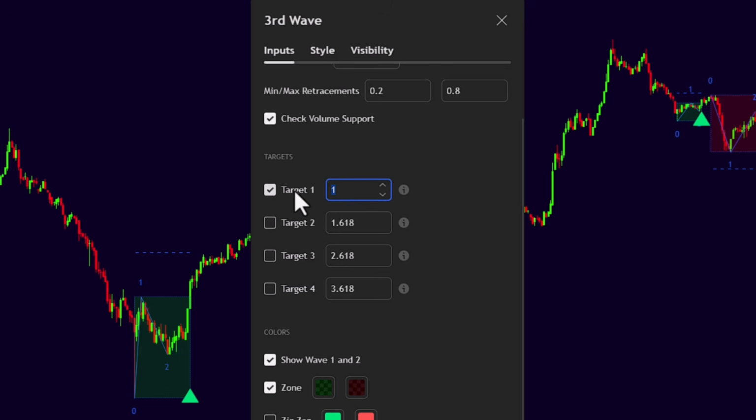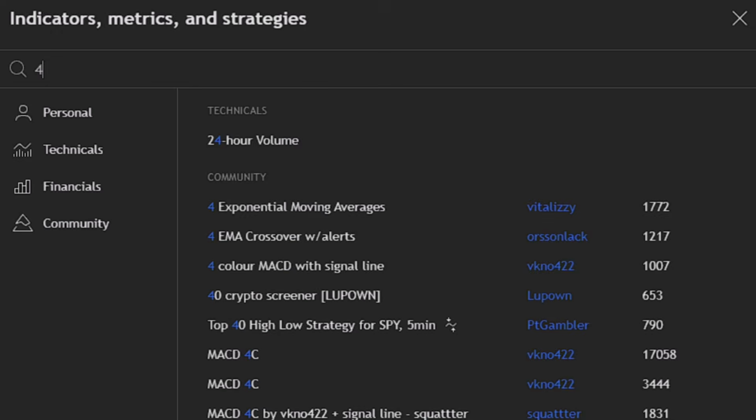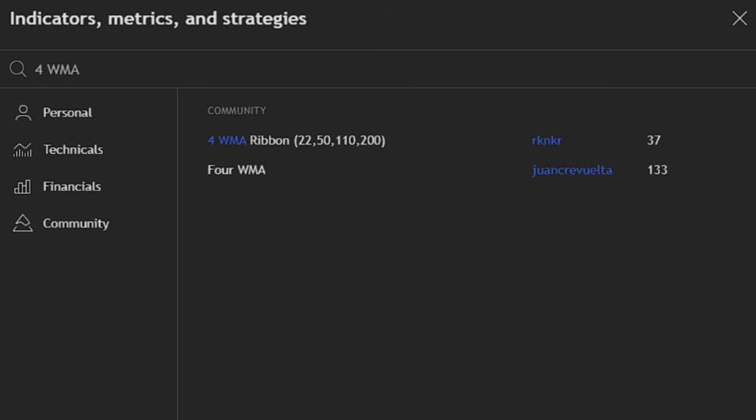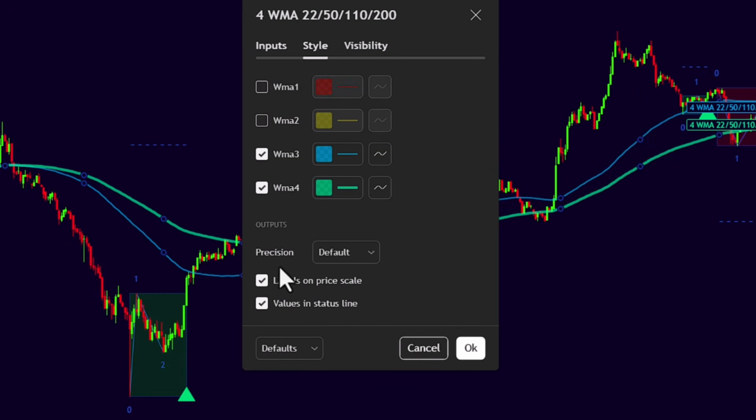Alright, now that we've set up the third wave indicator, we need a trend detection tool to make sure we're trading in the right direction. Go back to the indicator section and search for 4W ribbon indicator. Add this bad boy to your chart and tweak the settings as follows. In the style tab, disable W1 and W2.